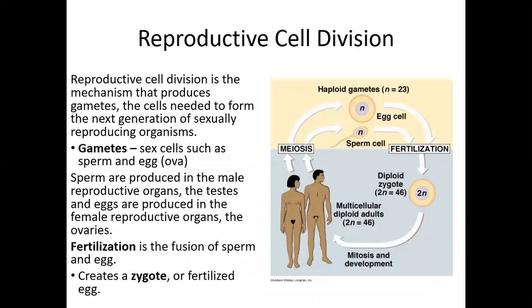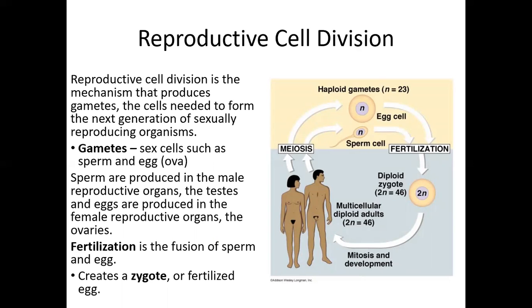We're going to start really talking about the production of the cells that make it possible for us to reproduce, what we call our gametes. Those cells are produced in what we call reproductive cell division, a mechanism that produces gametes, fancy word for sex cells, which are the cells needed to form the next generation of sexually reproducing organisms, which humans are an example of.